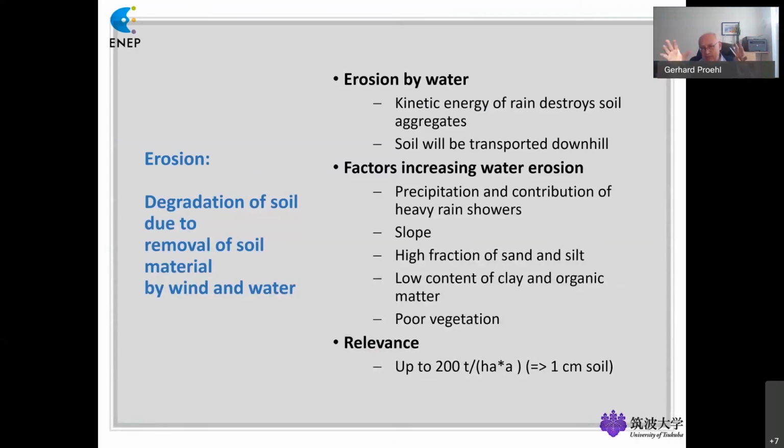This depends mainly on the slope and on the amount of precipitation, and in particular on the contribution of heavy rain showers to the total precipitation, because for heavy showers, water erosion is much more important.